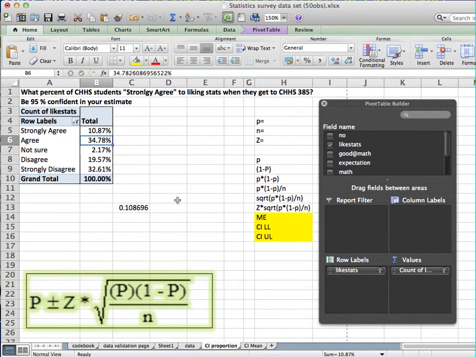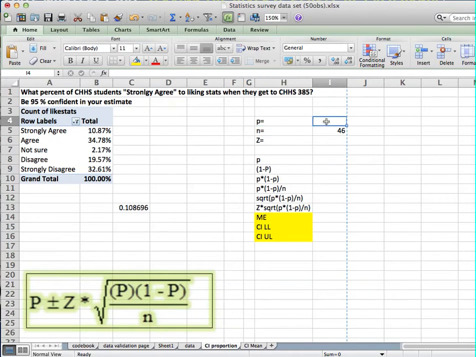Then hit OK, and you have that about 11% of the students strongly agree with the statement that they like statistics. All right, so the proportion here, we're going to put 0.11. Z, that goes in the formula for a 95% confidence interval, is 1.96.